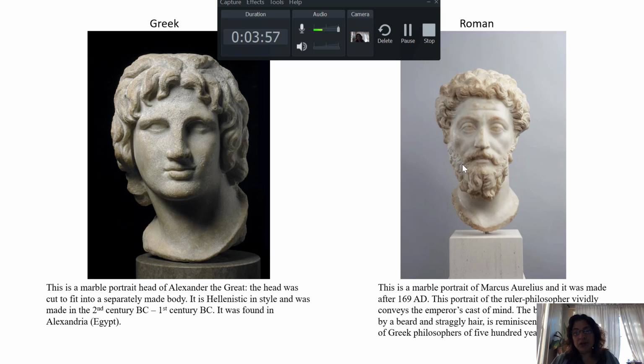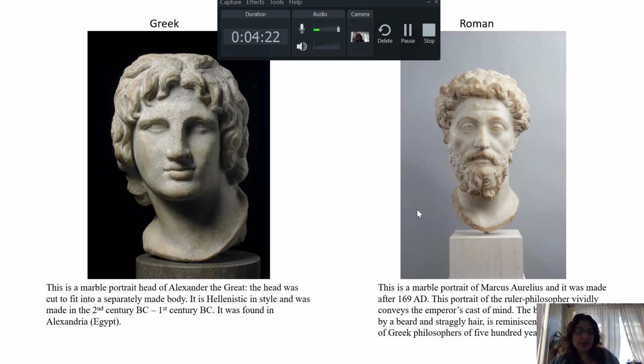He has the beard and the mustache, the facial hair. He has a little bit of sunken cheeks here, where in Alexander we have the full kind of baby cheeks, no facial hair. He looks straightforward. His head is not turned, where this is more of a 3/4 portrait.